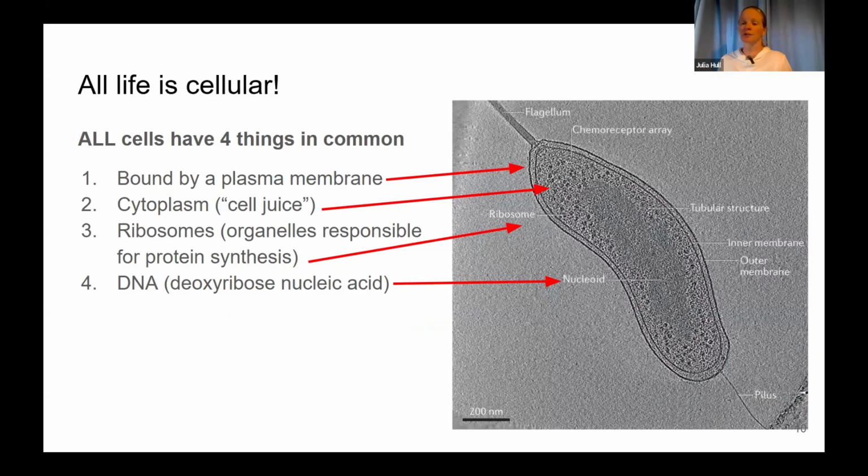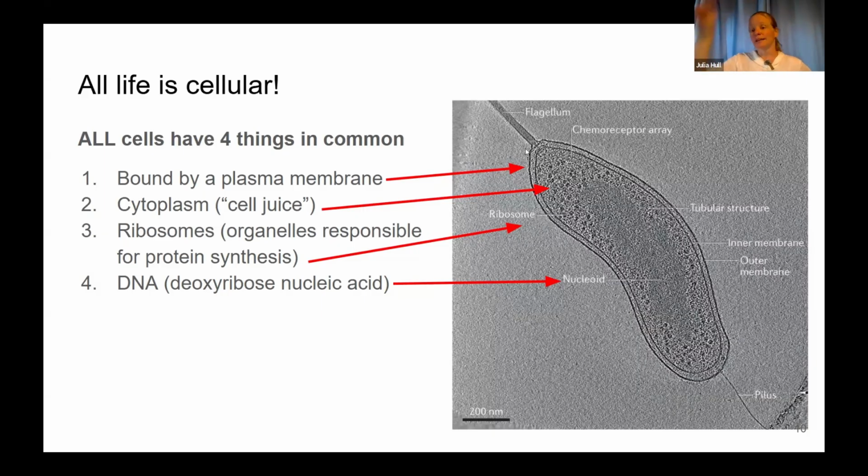Whatever kind of cell you are, whether you're a fungal cell or a plant cell or an animal cell or an algal cell or a bacteria cell, all cells have these 4 things in common. All cells are bound by a plasma membrane. And we're going to spend a whole chapter talking about plasma membranes and how they create this outside-inside interface.